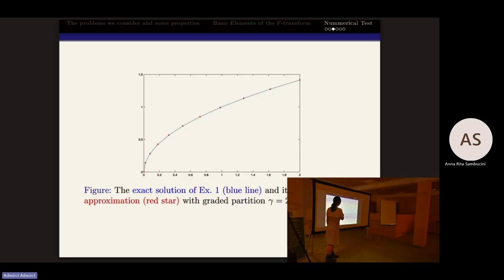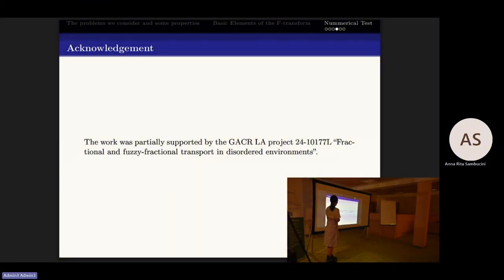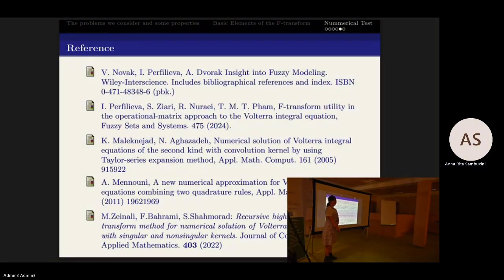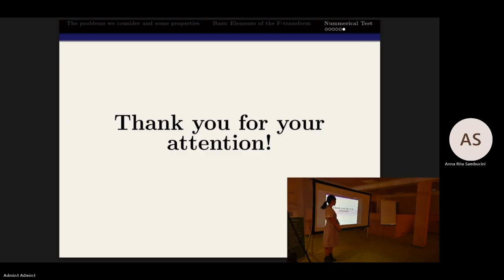The blue line is the expected solution, and the red bar is our approximate solution. And you can see that this is almost constant. Okay, thank you.